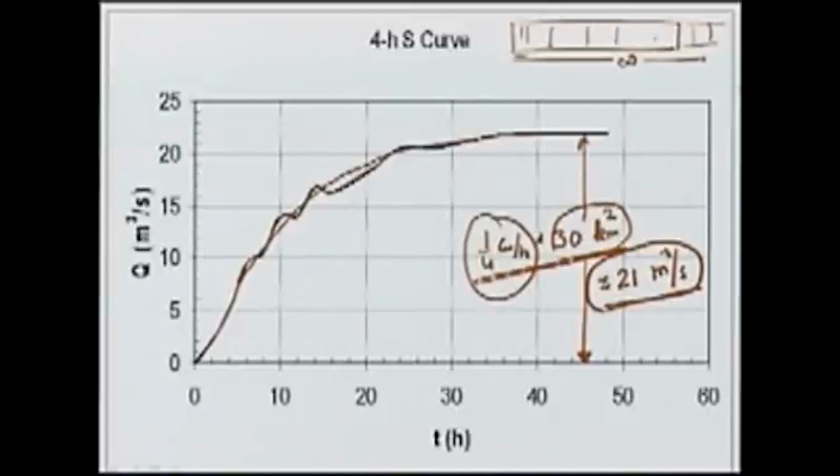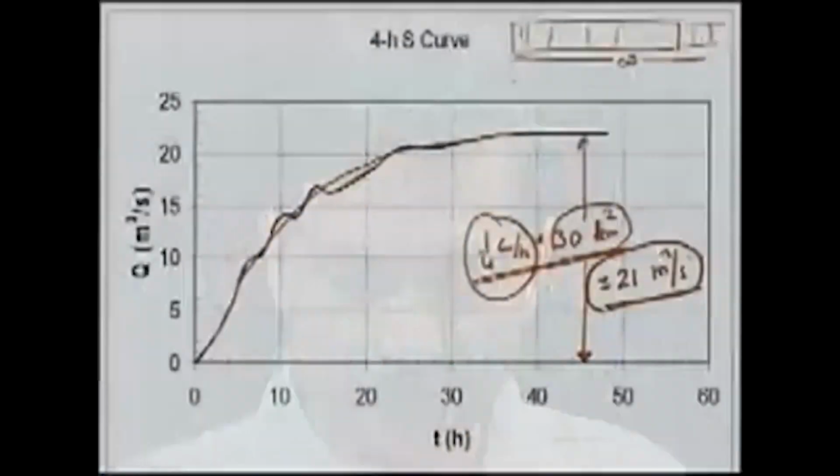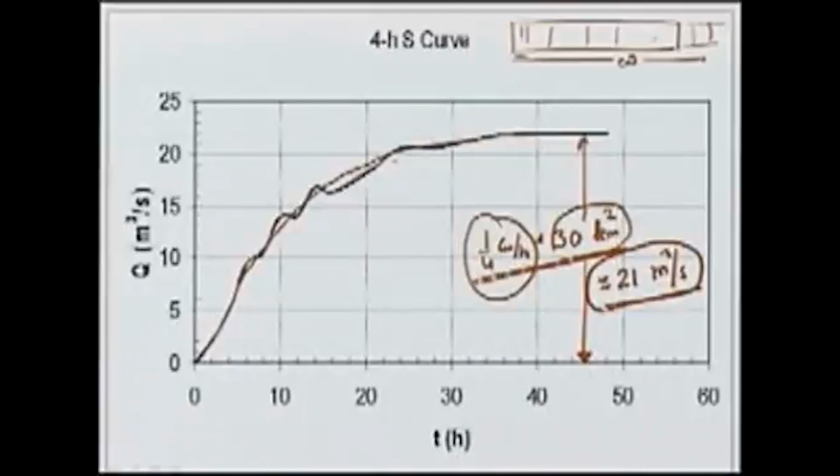Now, suppose we want the unit hydrograph for a 2-hour duration rainfall. In that case, what we can do is shift this S curve by 2 hours, which means that the other S curve is because of a rainfall again of infinite duration, but shifted by 2 hours.